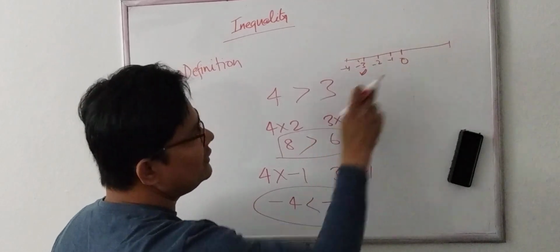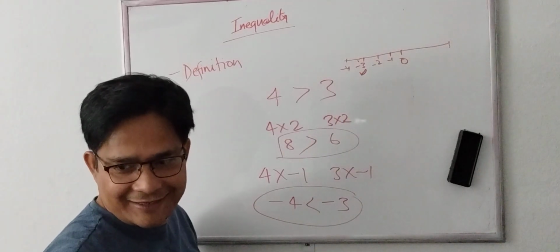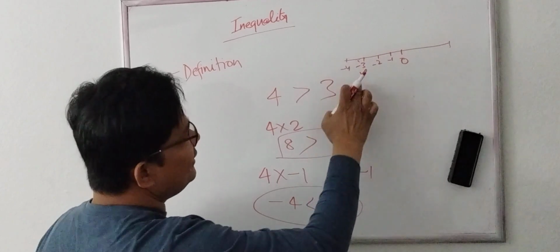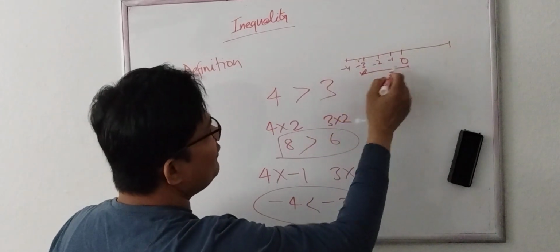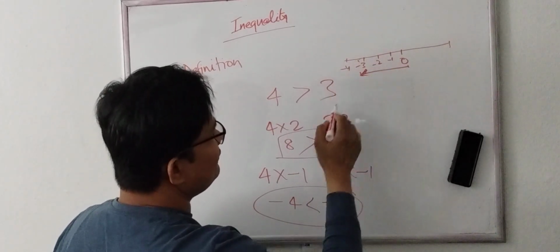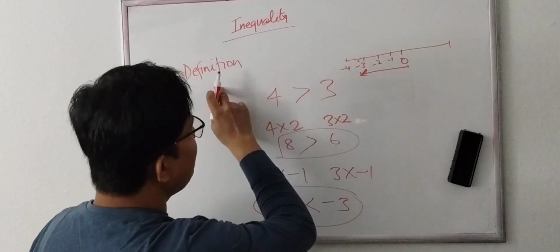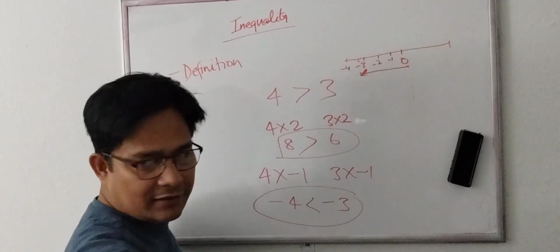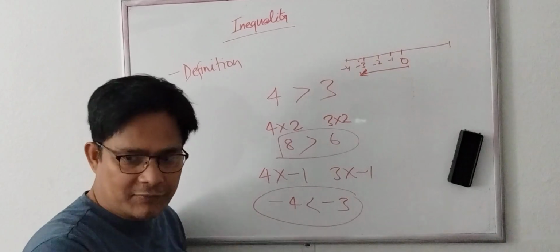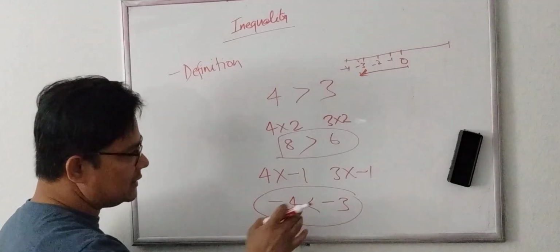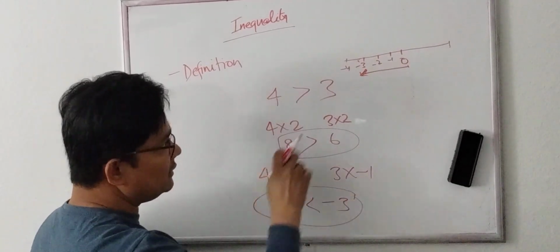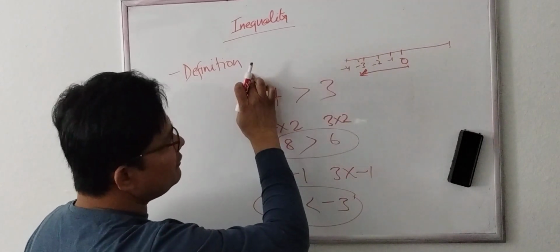So which one is closer to 0? -3. That's why this number is bigger than this one. So if you go this side, you will get a smaller number. And we discussed why. I'm not going to discuss it right now, but we already discussed why. If we go this side, the number will be smaller.